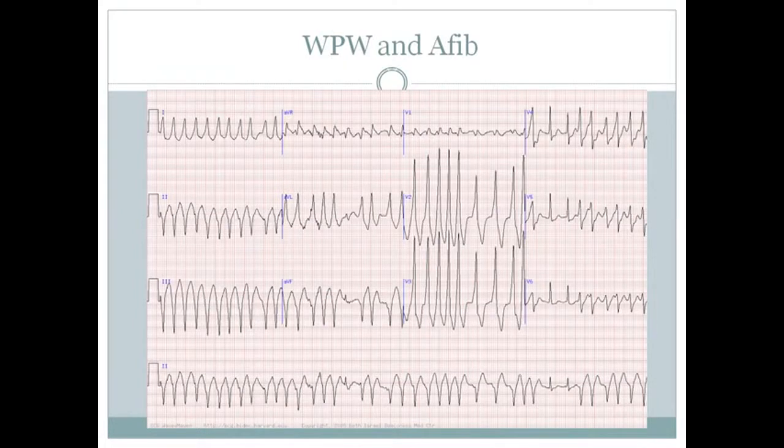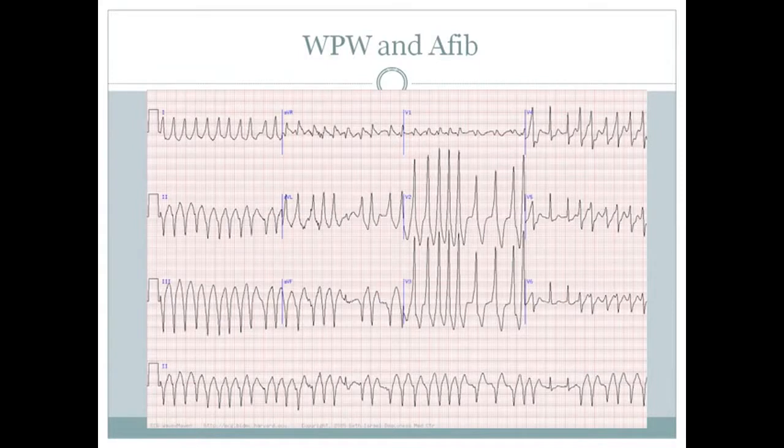So what is happening here is because AFib, that is a crazy rhythm in the atria, is now conducting through the accessory pathway, skipping the AV node, okay? Not all the time, because atrial fibrillation, what is the heart rate of atrial fibrillation? If flutter is about 300, how is atrial fibrillation? It's more, 600, so it's crazy.